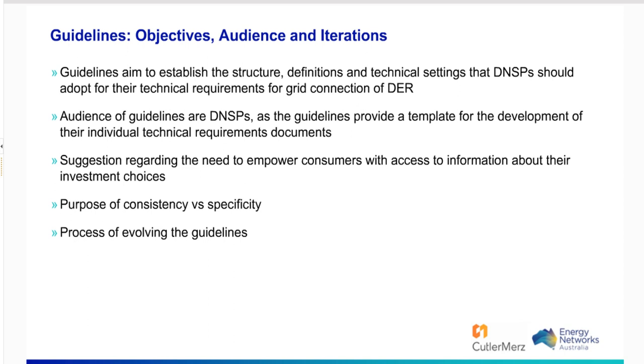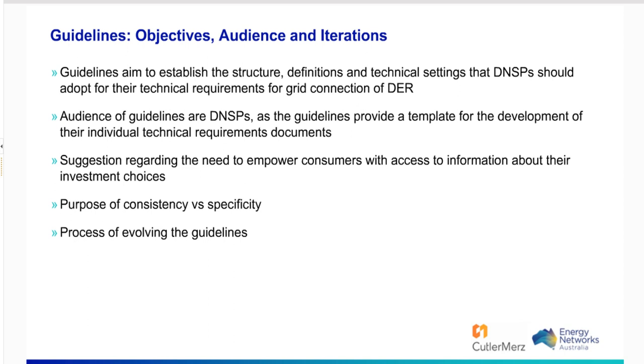Just touching very quickly on the last 2 points there, working with a sense of expediency so that we can maximize the question time, but consistency versus specificity was dealt with in the guidelines by ensuring that there was a flexibility in the adoption of certain technical parameters so that NSPs can have a broader range to choose technical parameters from, but that was always balanced with the need to converge and create a baseline that was best practice, or that was, from the perspective of the national electricity objectives, a means of being able to maximize the use and the utility of the system for end users.